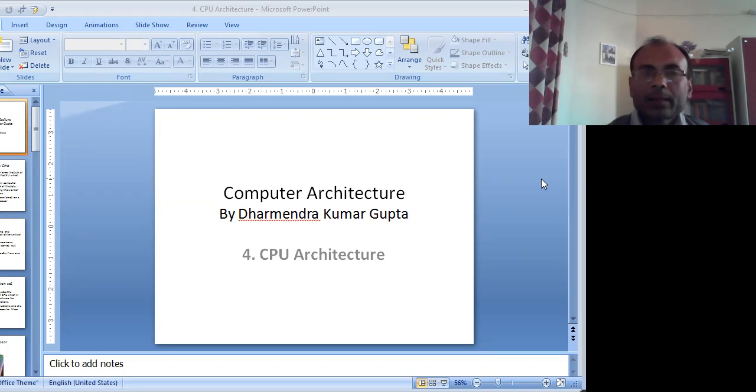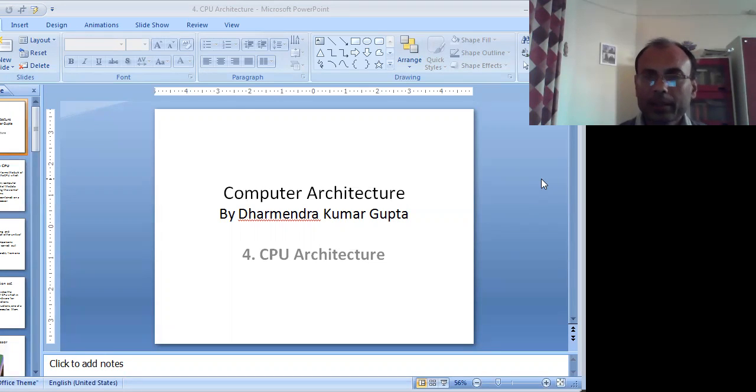The exact idea regarding the instruction, its structure and instruction set, we will talk about later. But right now, we are concerned with the CPU architecture: how the CPU works and how it interacts with each and every element or component of the computer.